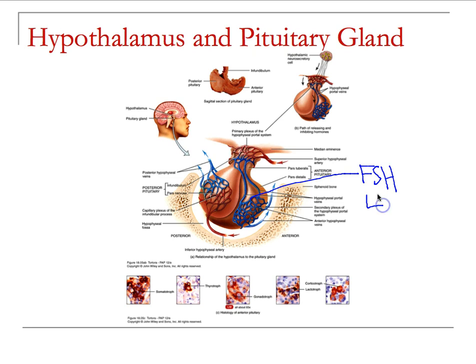FSH and LH are follicle-stimulating hormone and luteinizing hormone. Each will have a different responsibility in males and females. But it's important to understand that for males and females, in the hypothalamus, we have gonadotropin-releasing hormone, and that's now going to cause the release of FSH and LH.